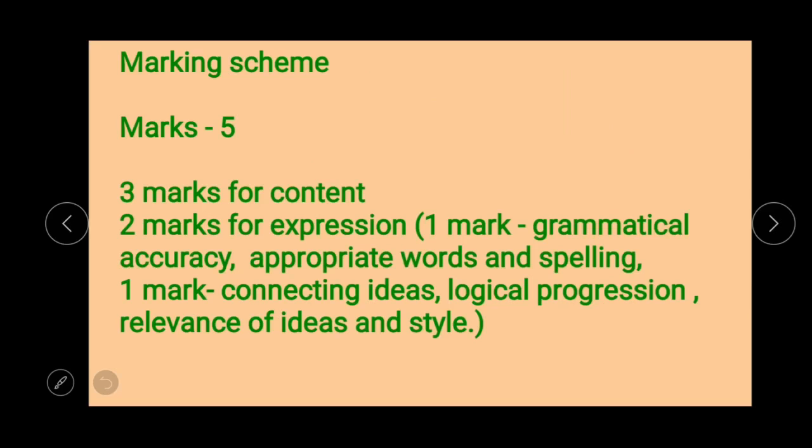And then 1 mark for connecting ideas: your sentences should be related to each other, you should connect the ideas. And logical progression means your first sentence, second sentence, third sentence should show logical progress. Then relevance of ideas: your ideas should be relevant to the graph or table given. And style, your ideas and style should be relevant.